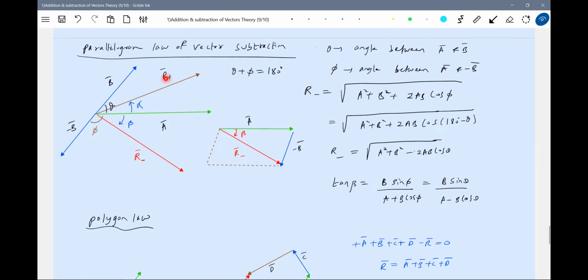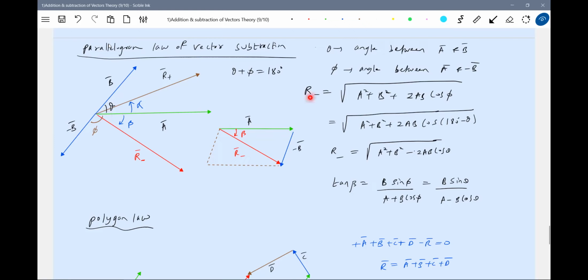The a bar plus b bar will make an angle alpha with a bar. The a bar minus b bar will make an angle beta with a bar. This beta and this R minus, the resultant of a bar minus b bar, are the unknowns you have to find out. The angle between b bar and minus b bar should be 180, so theta plus phi should be 180. Let's come to this one. What is theta? Angle between a bar and b bar. What about phi? Angle between a bar and minus b bar.